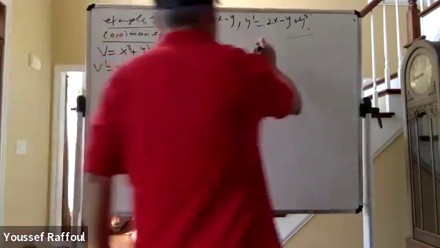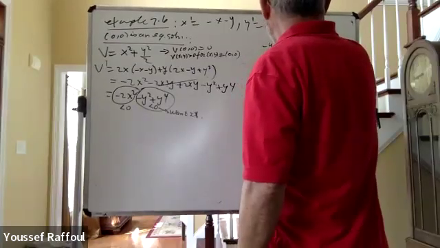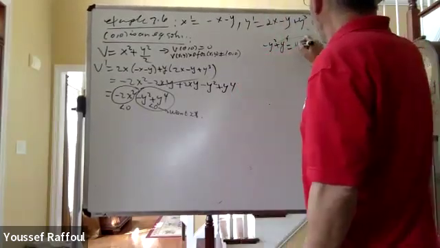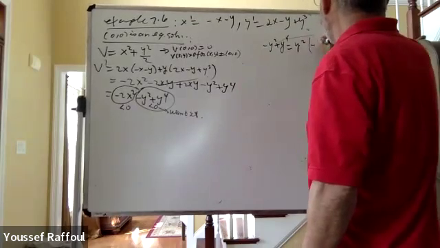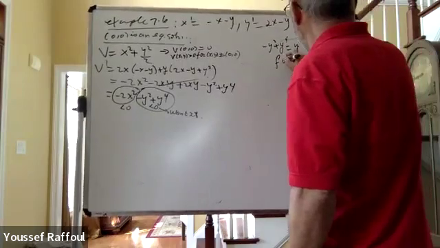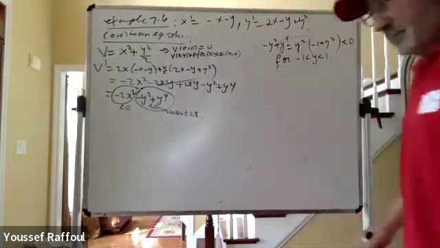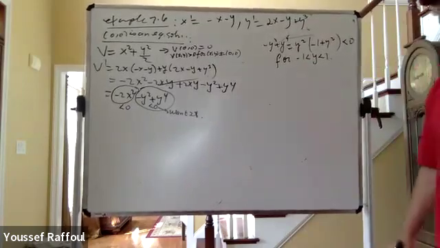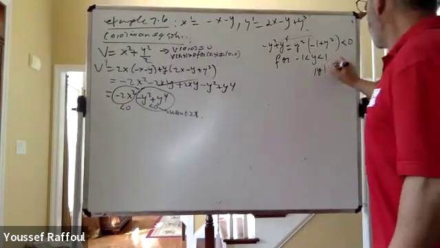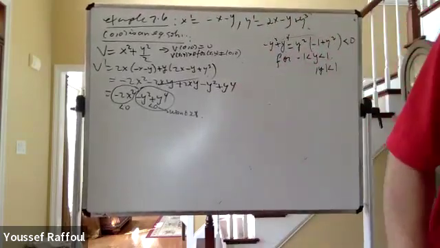So minus y squared plus y to the fourth is y squared times (minus 1 plus y squared), which is less than 0 for minus 1 less than y less than 1.